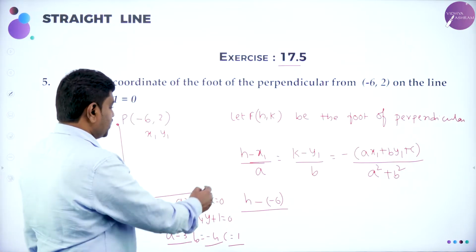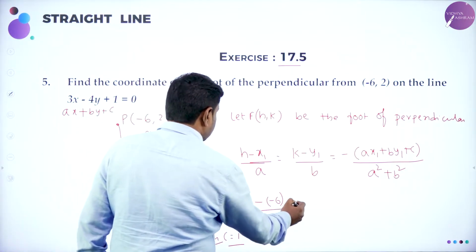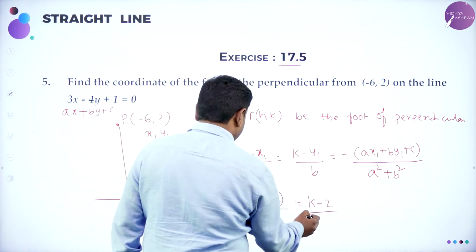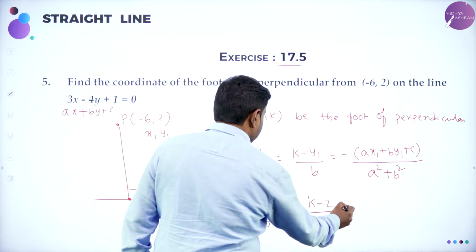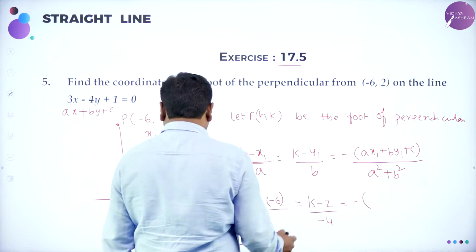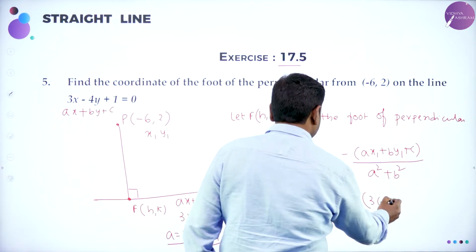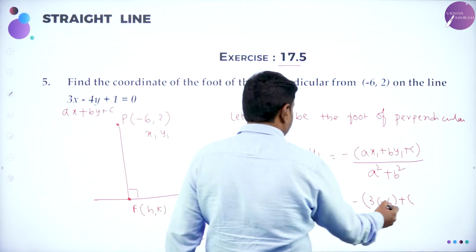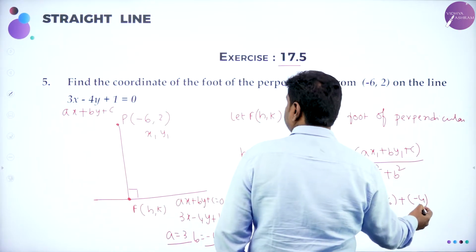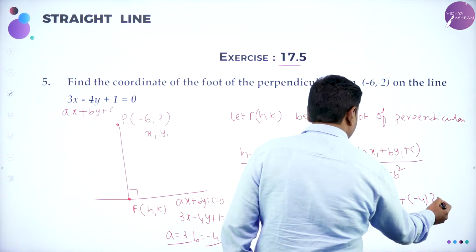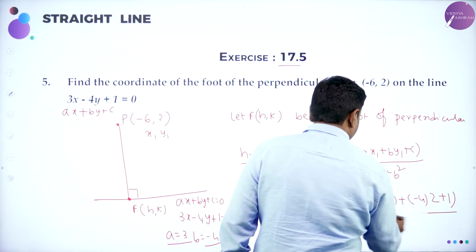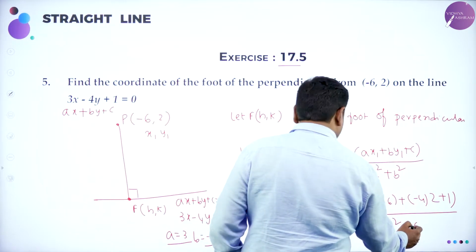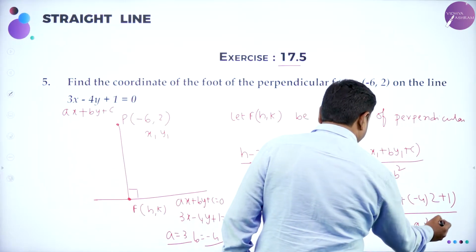So h minus x1 by a, that is by 3, is equal to k minus y1, what is y1? 2, divided by b. b is minus 4, is equal to minus of ax1, that is 3 into minus 6, plus by1, b is minus 4 into y1, y1 is 2, plus c, c is 1, divided by a square plus b square, 3 square plus minus 4 the whole square.